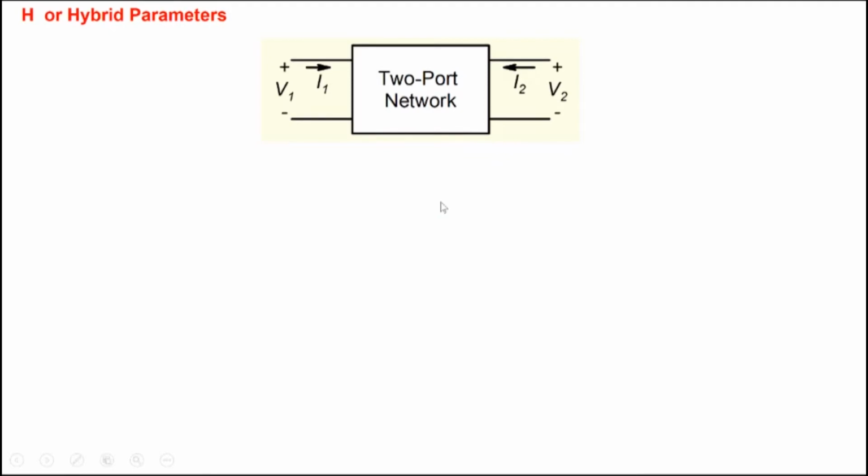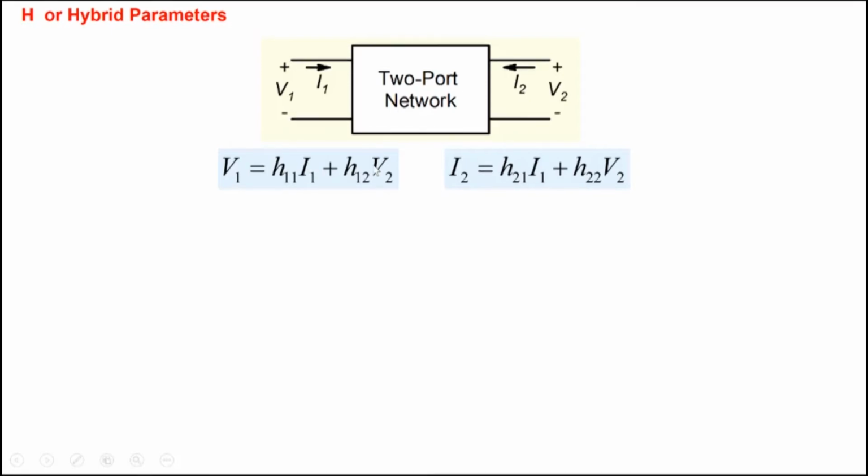And now I'm sure you can think of other ways of doing it also. For example, we could choose I1 as an independent variable on this side and V2 as an independent variable, and thereby express V1 in terms of I1 and V2 and I2 in terms of I1 and V2 here. We call them hybrid parameters because we have mixed up independent variables, current and voltage.